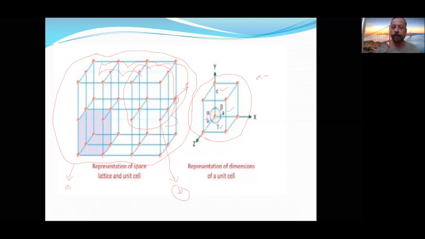Alpha, beta, and gamma are the interfacial angles. Interplanar distances are ABC, and interfacial angles are alpha, beta, and gamma.